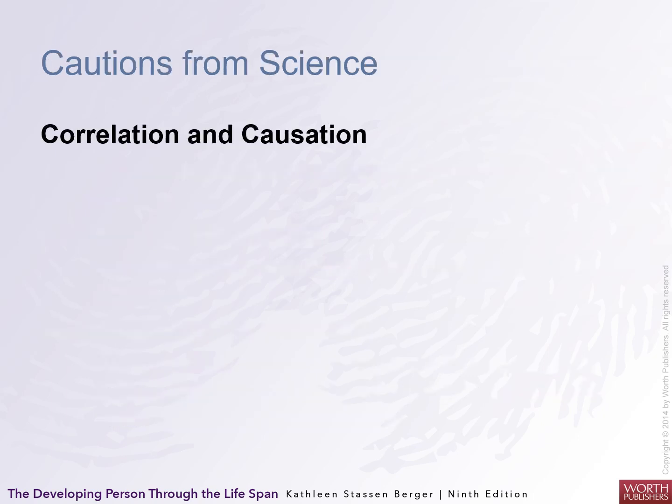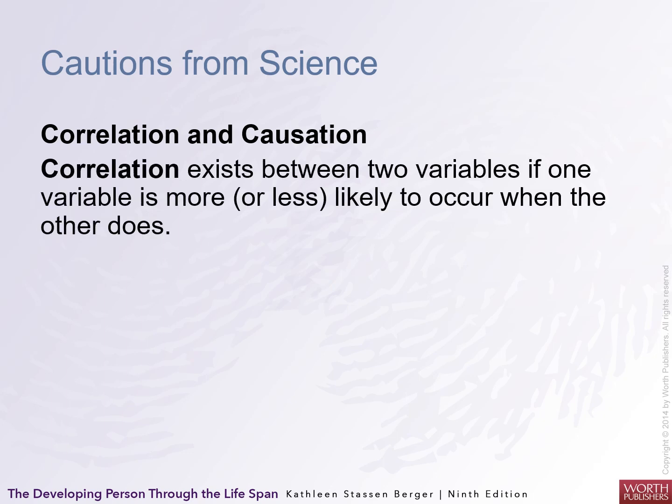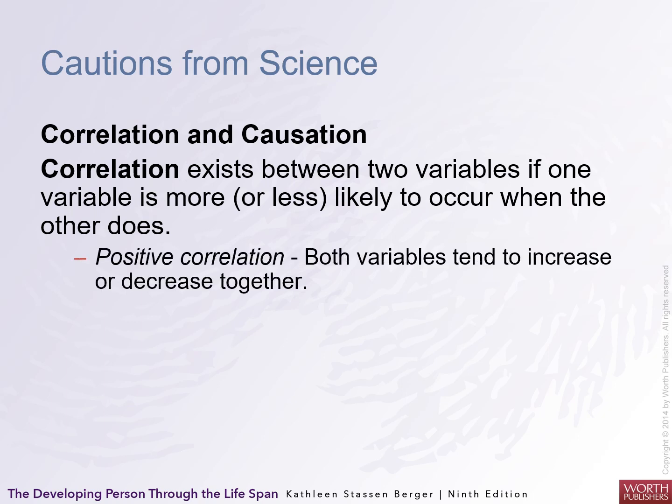There are some cautions from science, one of them being correlational studies. Just because something seems to cause something else doesn't mean that it actually does. So correlation may exist between two variables, even though one may not actually cause the other. Positive correlation means that when one variable goes up, the other goes up, or when one goes down, the other goes down.